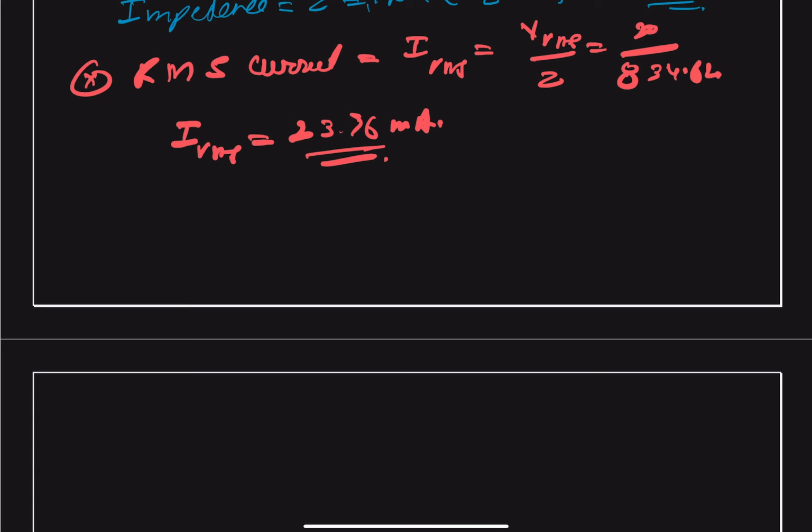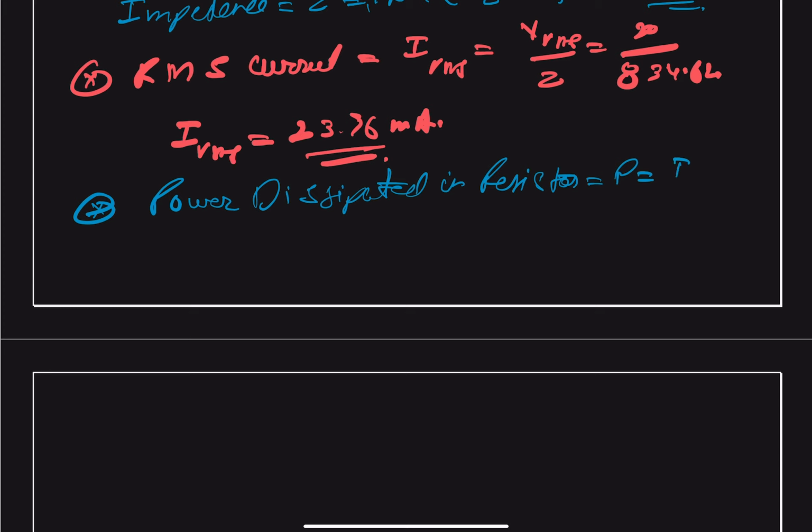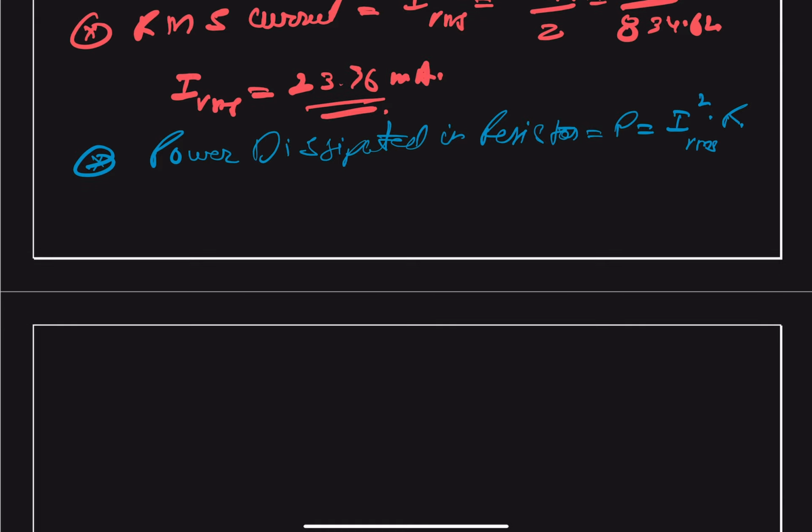So you can say the power dissipated in the resistance, if that is given as P, will be equal to IRMS square multiplied by R. We substitute the values.